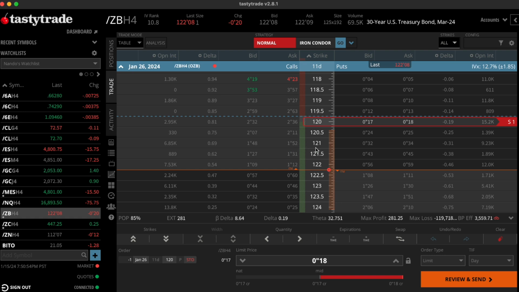If I just sold this put, I would collect 18 bond ticks in the options, and each tick here is 15.62. So now I will go ahead and buy the 119, and looking at the difference, ask to ask, it's roughly 8, but it's currently printing 9.